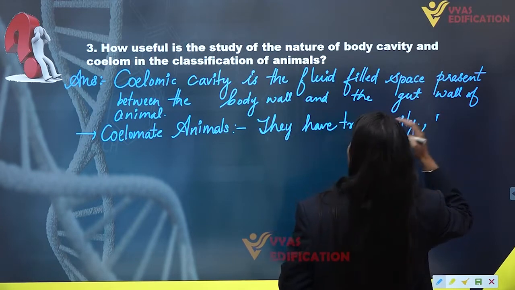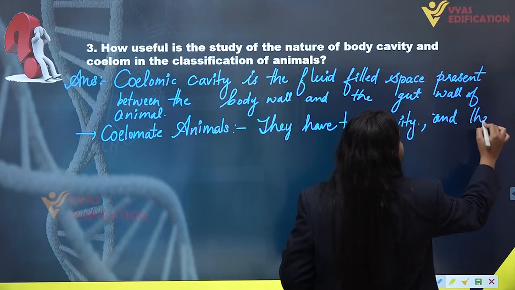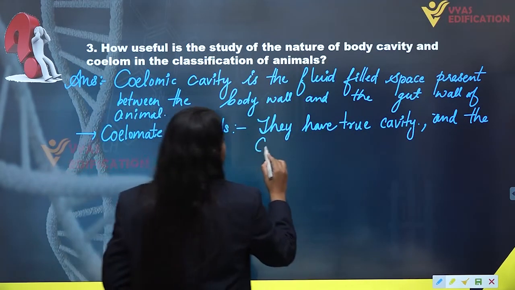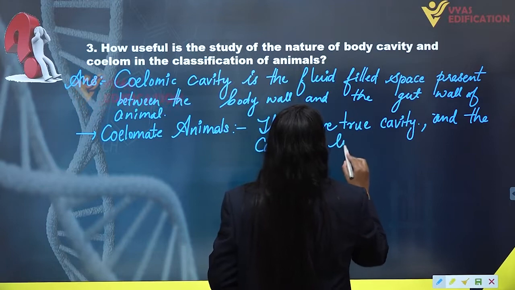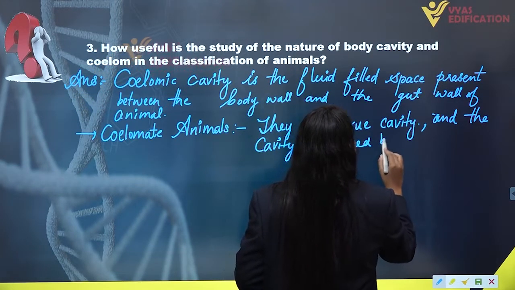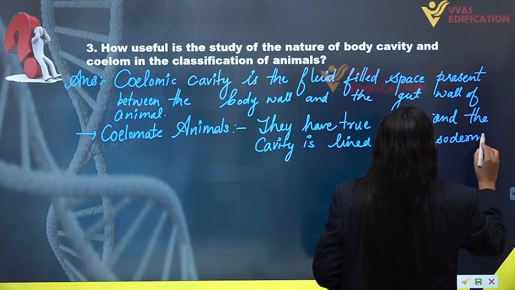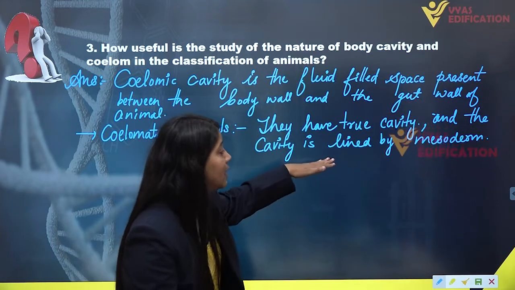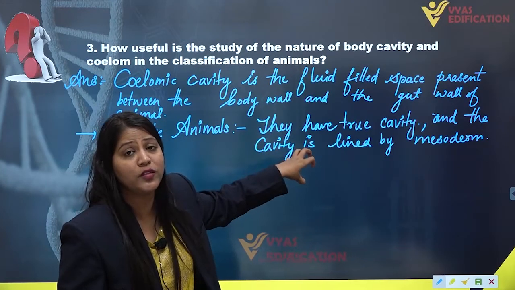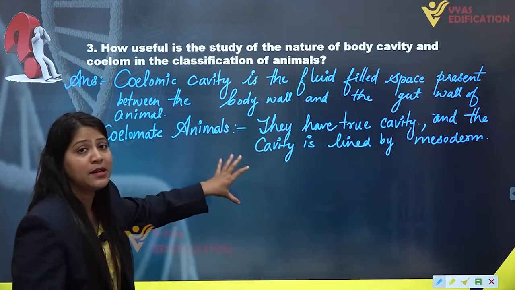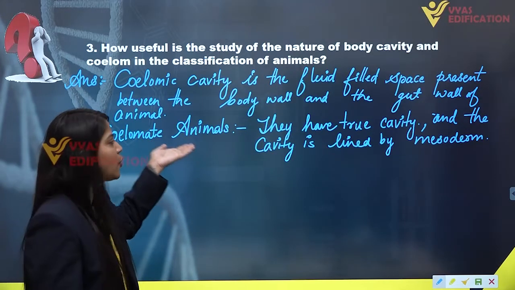That body cavity is filled with fluid, and the cavity is lined by mesoderm. This kind of cavity, lined by mesoderm, is the true coelomic cavity, and the animals exhibiting it are known as true coelomate animals or coelomate animals.